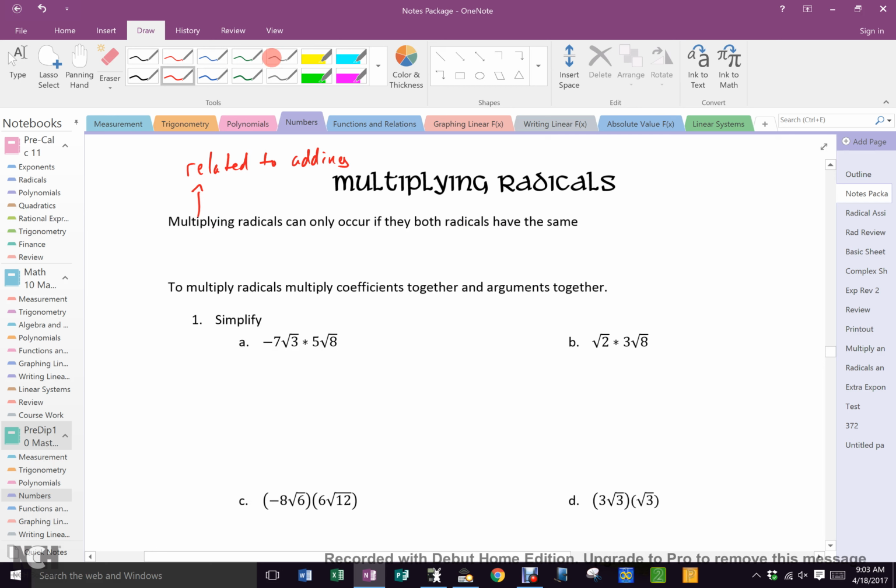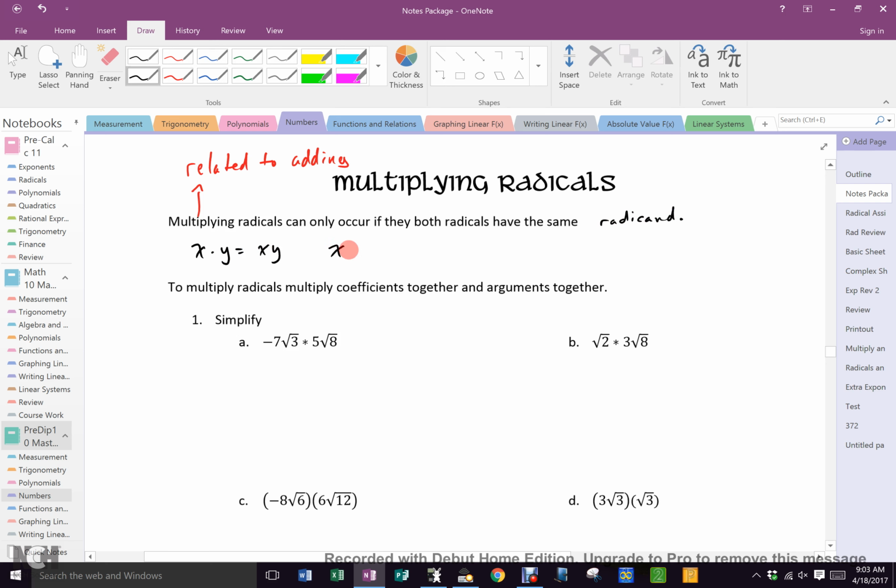multiplying radicals can only occur if the radicals have the same, what do you think? Something's got to be the same. Radicand again. Why? Because it's exactly the same thing as we just talked about, yes? What is x times y? Do you know? It's xy, isn't it?